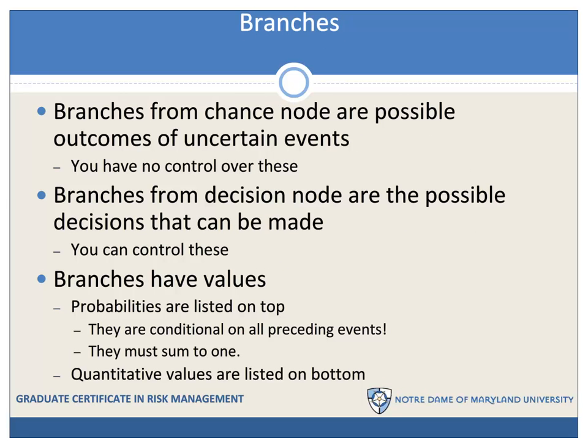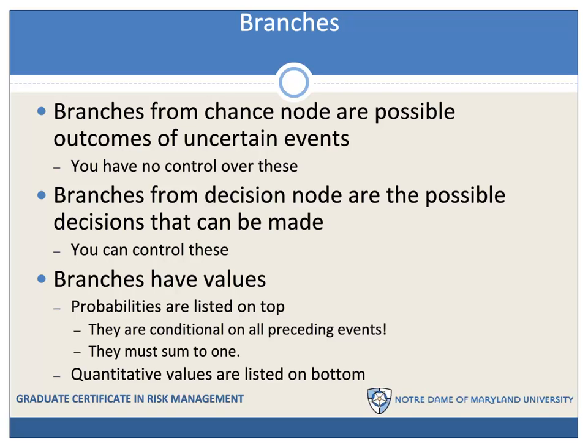The lines that emerge to the right of a node are called branches. Branches from chance nodes are possible outcomes of the uncertain events. You have no control over these. Branches from decision nodes are the possible decisions that can be made, and you can control those. Usually branches have values attached to them. Probabilities are listed on top of the node, and probabilities are conditional.